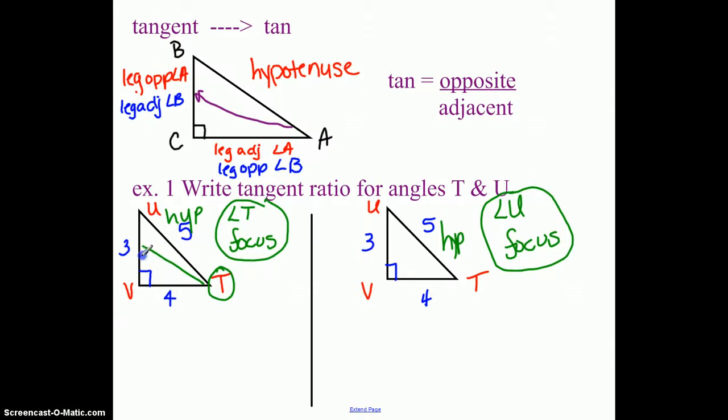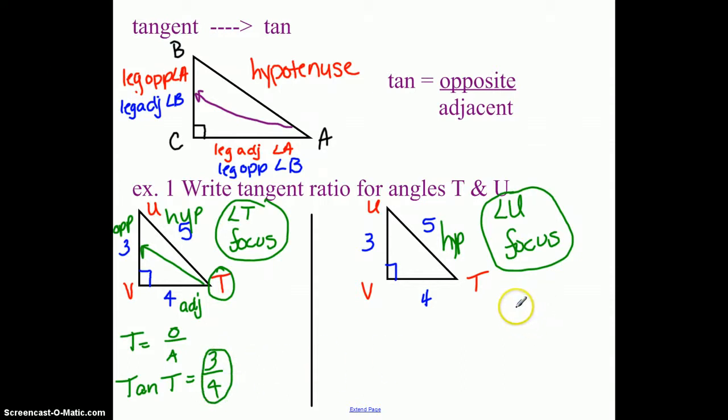And then if I draw a line going across, this side that's 3 will be opposite, which leaves this to be adjacent. Now the way that tangent works, tangent is the opposite side over adjacent. So if I'm going to do the tangent of angle T, my opposite side would be 3. My adjacent side would be 4. So my tangent would be 3 over 4.